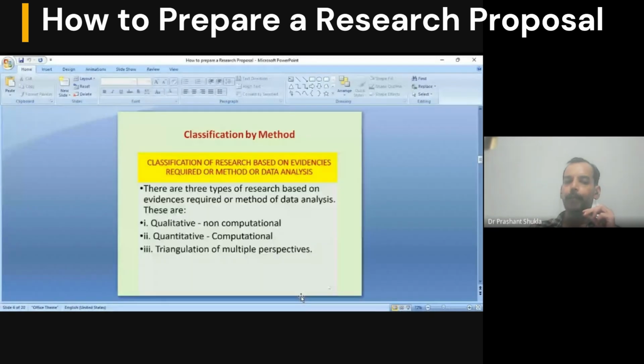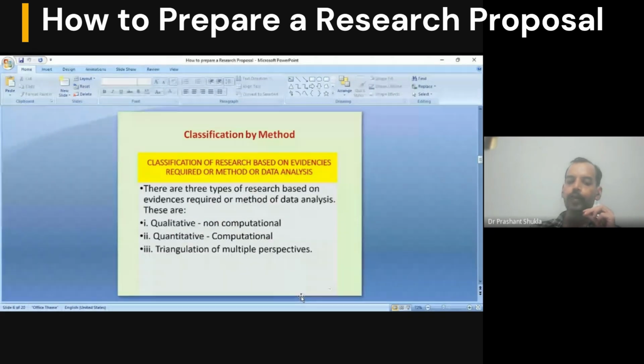Then classification by method. As I already said, there are three types of research. Either you would be doing a qualitative research, which is measurable research, or you might be doing a quantitative research. Sorry, qualitative is not measurable, not computational. It is the quantitative research which is measurable.